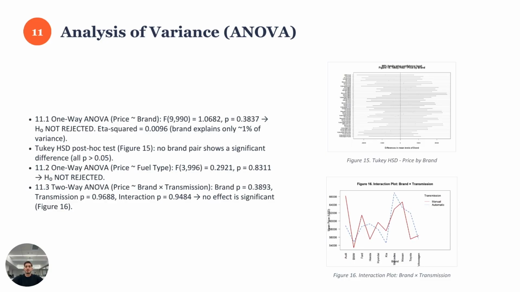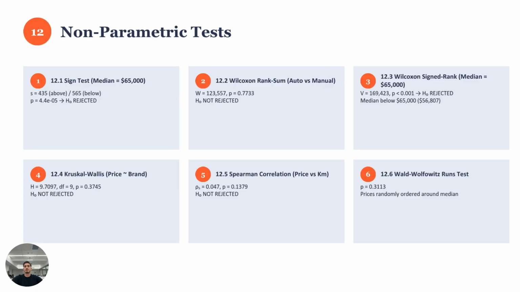Now the non-parametric tests used when normality fails. Since normality failed, we used non-parametric tests. The sign test and Wilcoxon signed rank test both showed the median price is significantly lower than $65,000, matching part 7.